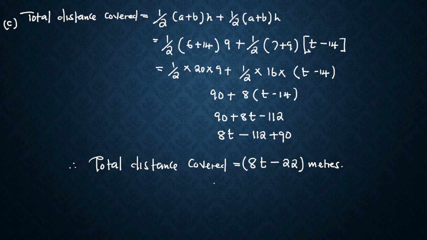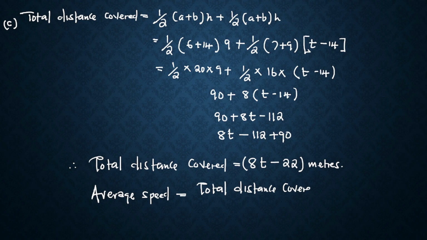Okay, so once you have your total distance, therefore we can say that average speed is equal to the total distance covered, divide by the time taken.